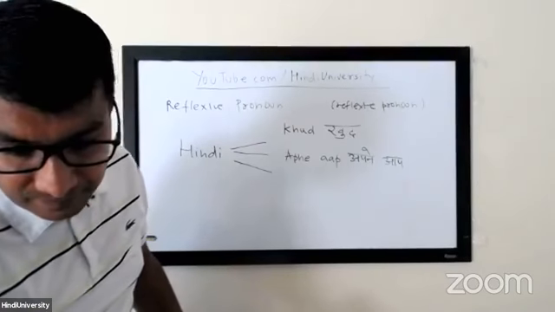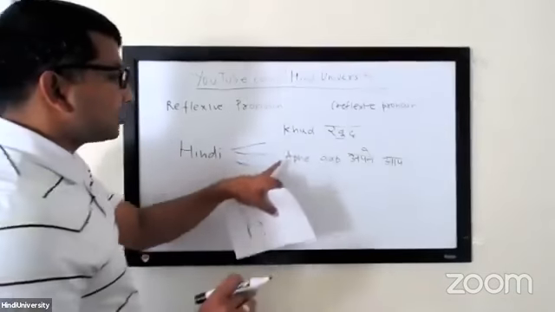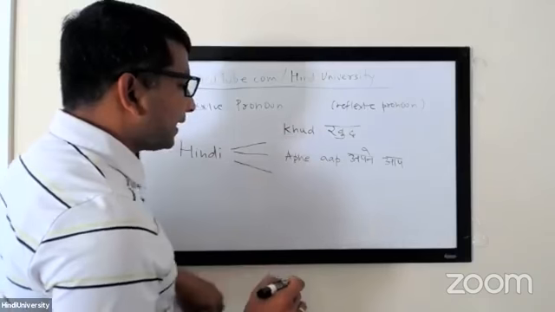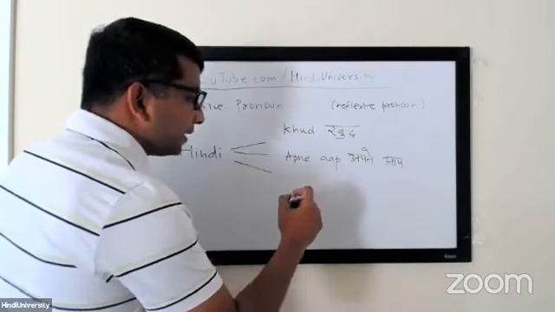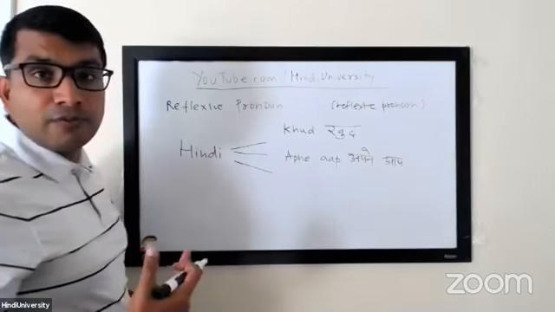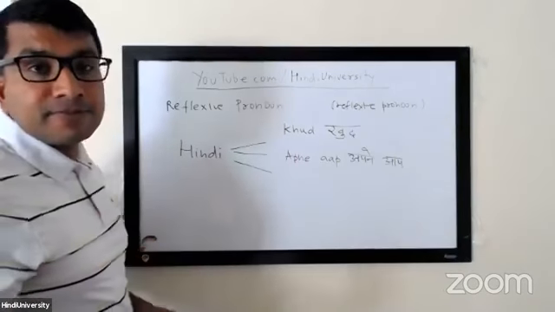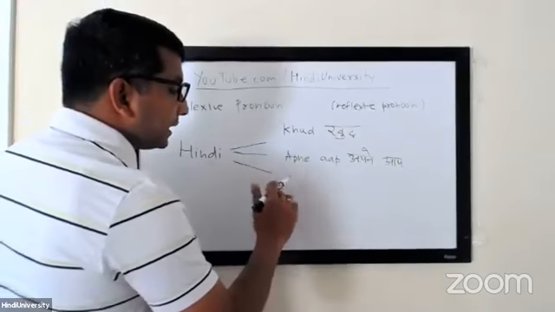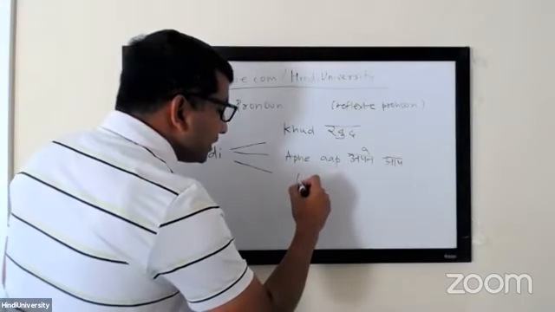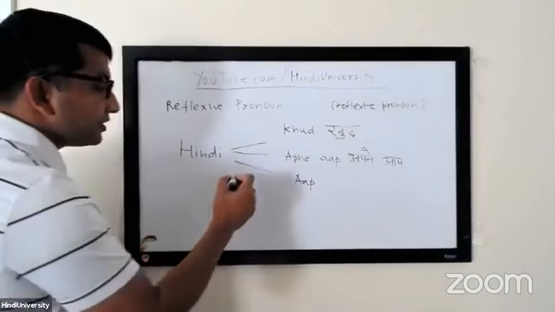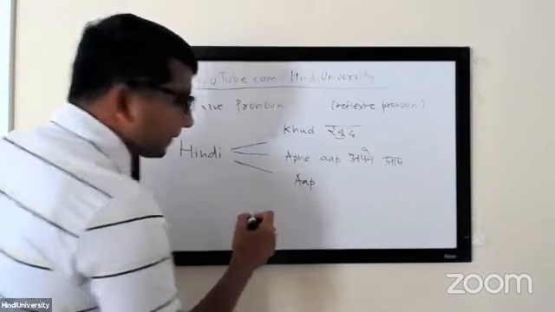So there are multiple ways of saying it. One is khud, the second is apne aap. And you might ask, what do you mean by apne aap? That's also another way of saying myself, himself, herself in a given sentence in Hindi. You will also hear aap, which is another pronoun, but it's also used as a reflexive pronoun.